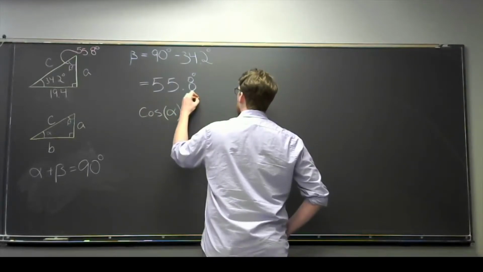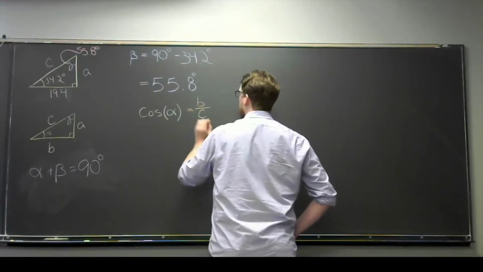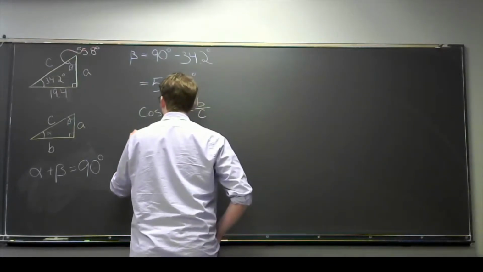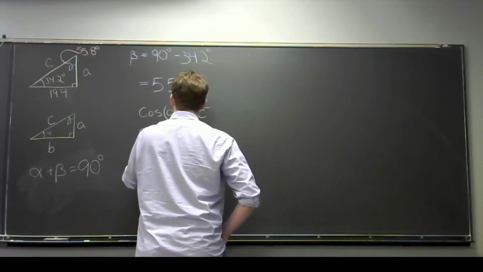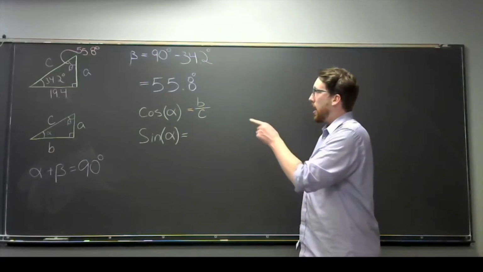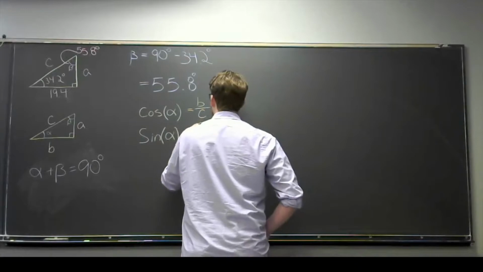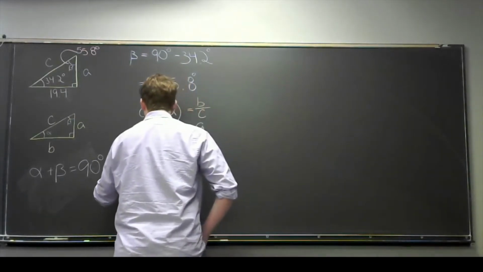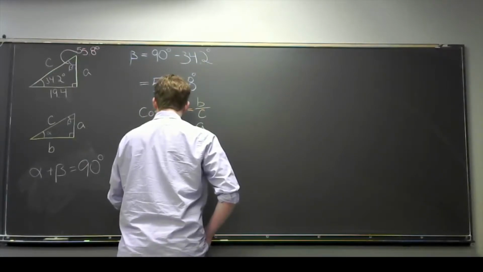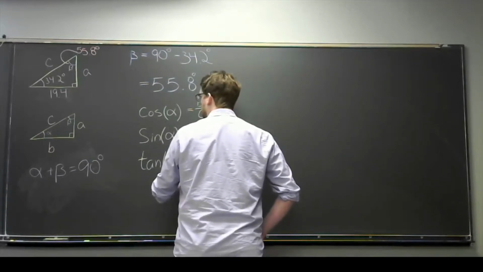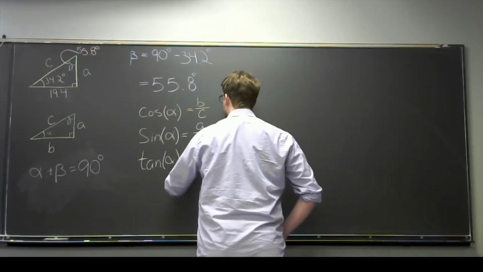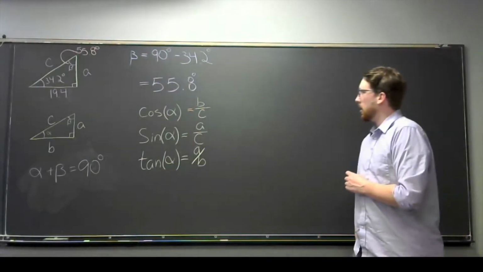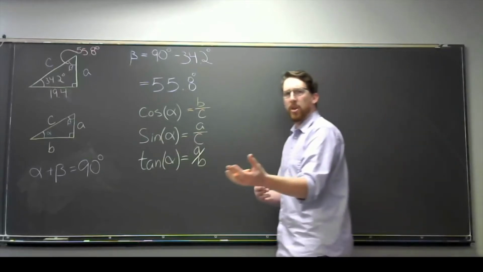So cosine of alpha is equal to B over C. Sine of alpha is equal to A over C. We also know that tangent of alpha is equal to opposite over adjacent, so A over B. All right, so we have some things we know.